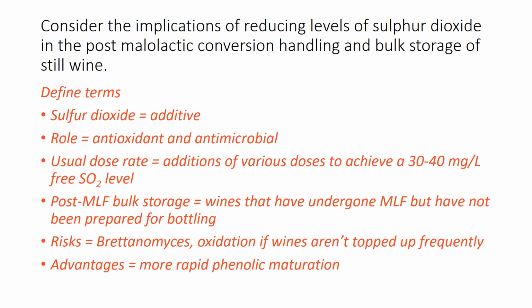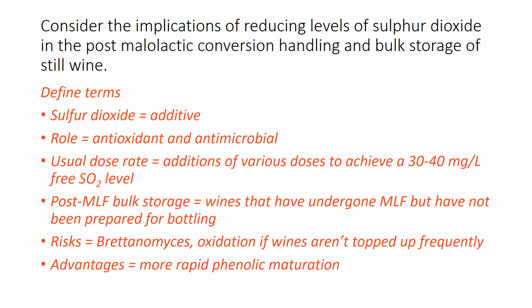So, they want you to define some terms. So, sulfur dioxide, you can go back to the beginning of this lecture, but define it as an additive. Its role as an antioxidant and antimicrobial. I haven't included its role as something that deactivates enzymes because that's not relevant for this style of question because they're asking for post-malolactic here.